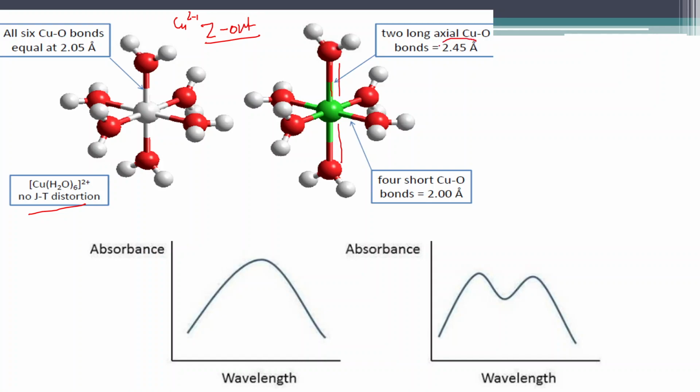That means they have a longer bond length than the equatorial bonds. There are 4 equatorial bonds present here in the XY plane. We can see a 0.45 Angstrom difference in bond length here. If there is no Jahn-Teller, all the bond lengths will be equal.